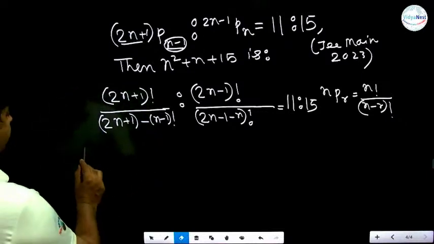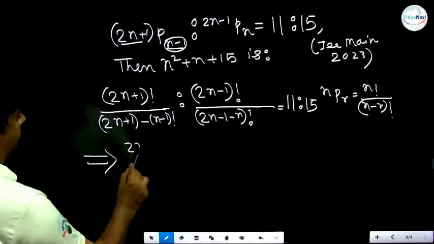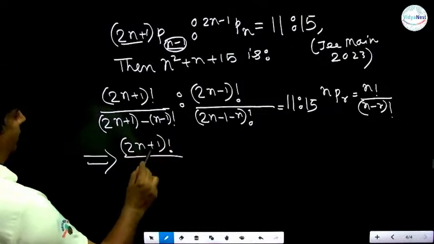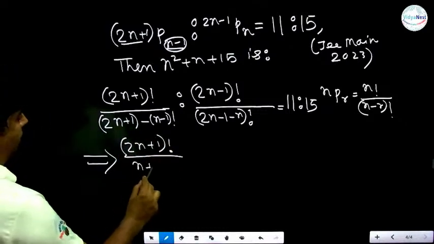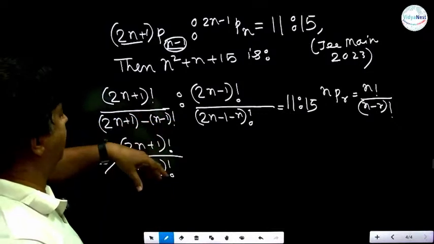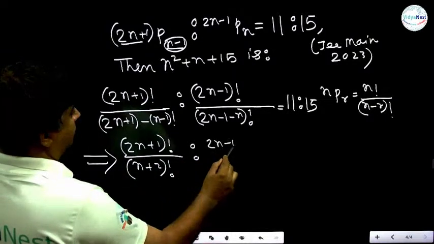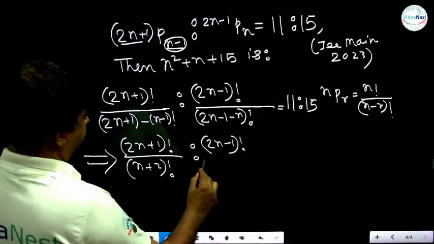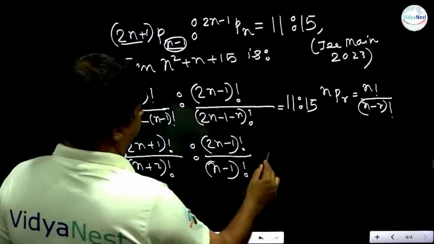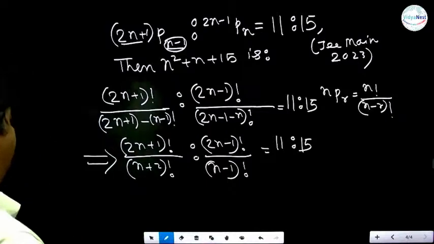Now, we need simplification. Remove the bracket. That will give you n plus 2 factorial. And proportional means ratio and proportion, basic concept you know. Yes, sir. 11 is to 15.